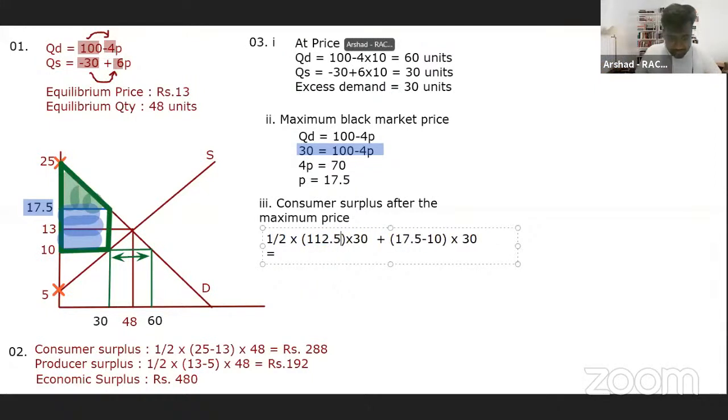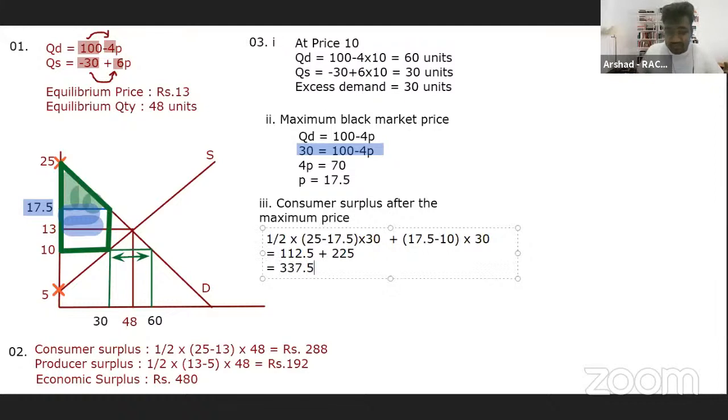Okay, so this is 112.5. The second component is 225. Okay, as you all do the maths at home. Now how much do we get as a total? We get 337.5. That's consumer surplus after the maximum price.